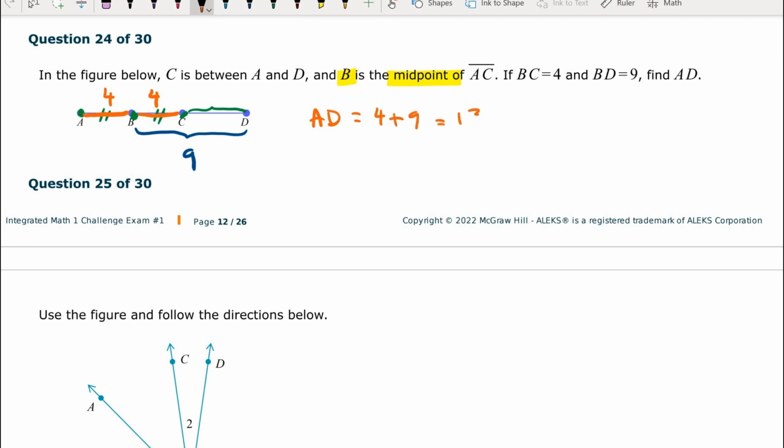So the answer is 13. The other way you can do it is find CD by 9 minus 4, which gives you 5. Then you have 4 plus 4 plus 5, which gives you 13 as well. So there are two ways to do this. For this problem, we are lucky. The problem is easy and straightforward. You add AB plus BD and then you have your answer.